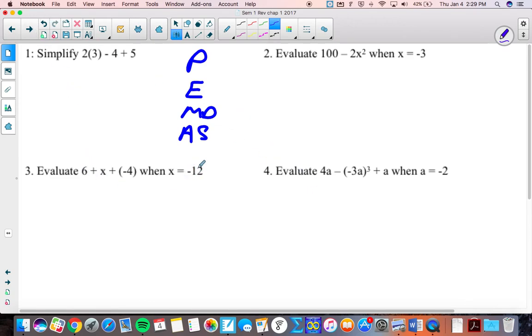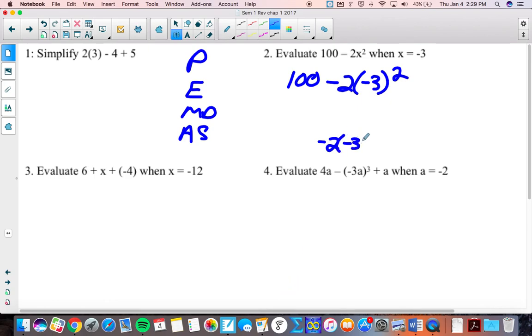Make sure, like here on number 2, you have to do some substitution. So when we substitute in -3 in place of x, technically you should put parentheses around that -3. Here's why. Otherwise, if you just wrote down -2 and then -3, it looks like we're taking -2 minus 3.